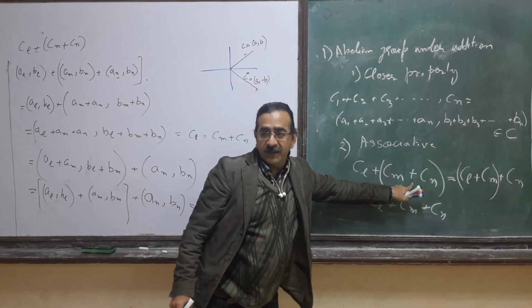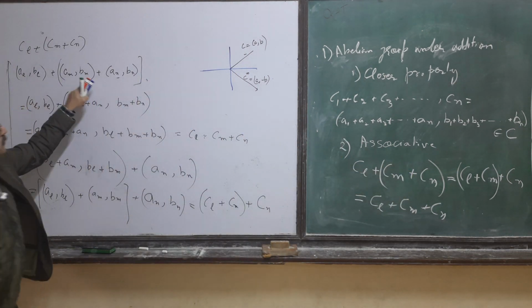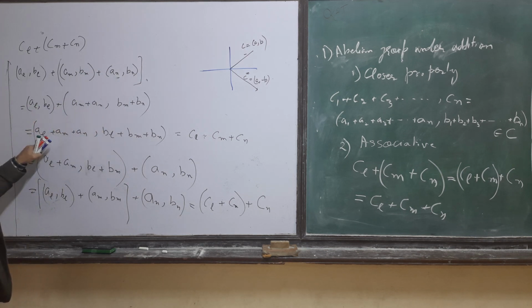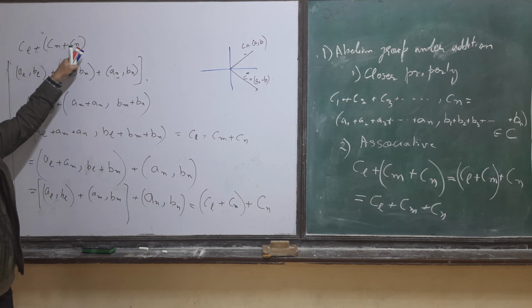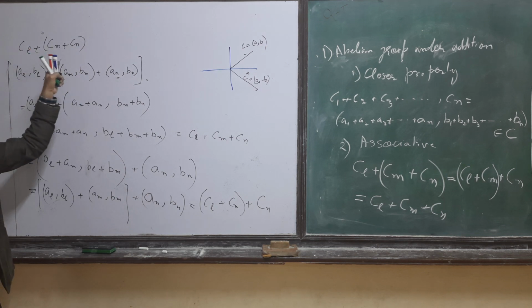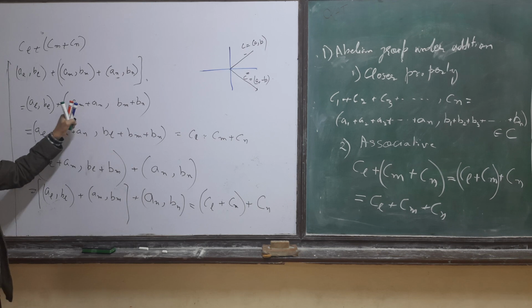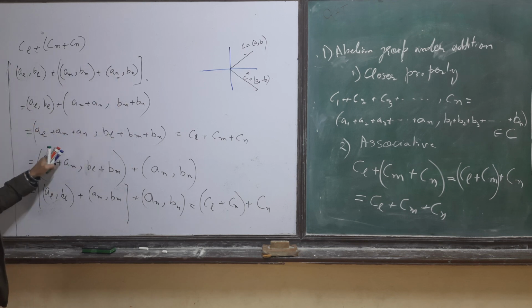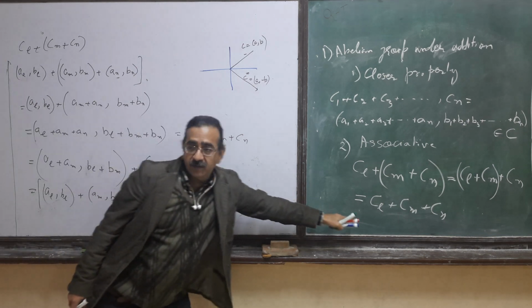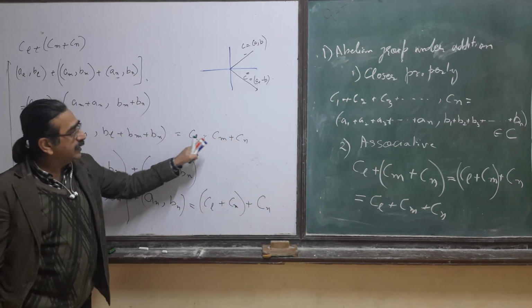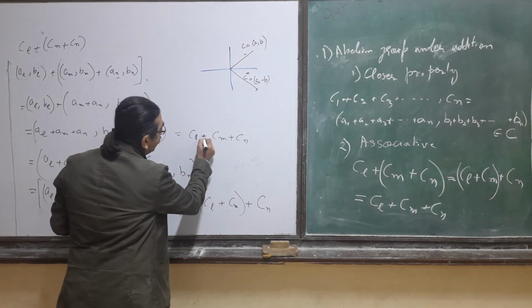If we add Cm and Cn first, and then we add on this, that is, Cm and Cn is adding first, then I am adding the Cl. So that's why I added first in bracket, and then I add this in, and this will give this second result, that is Cl plus Cm plus Cn.